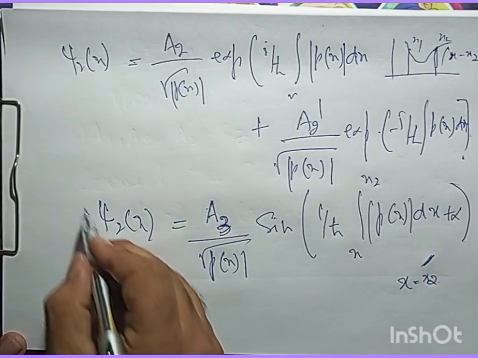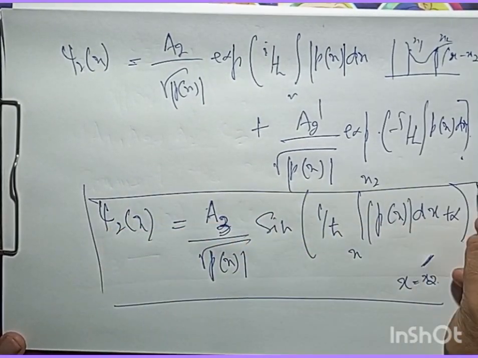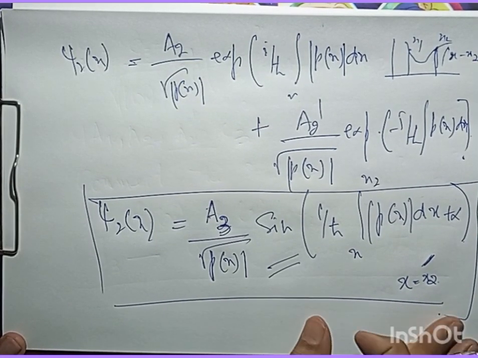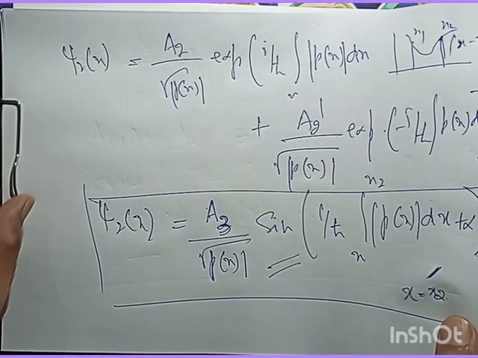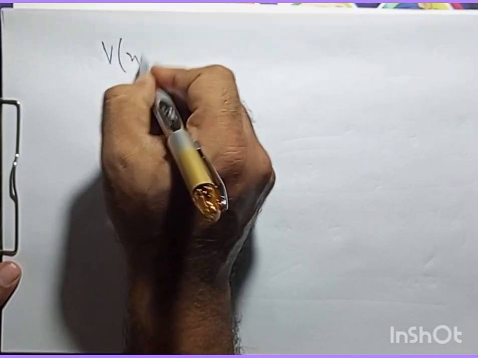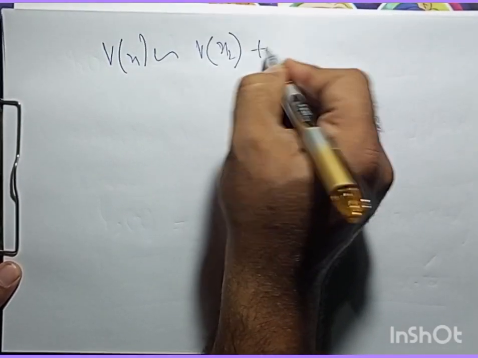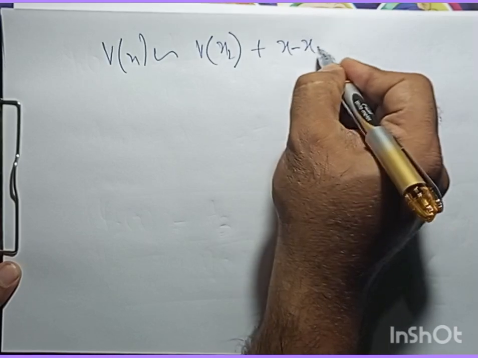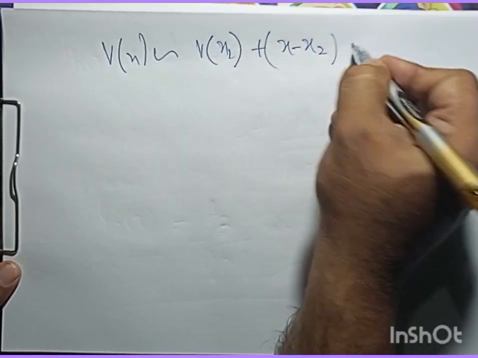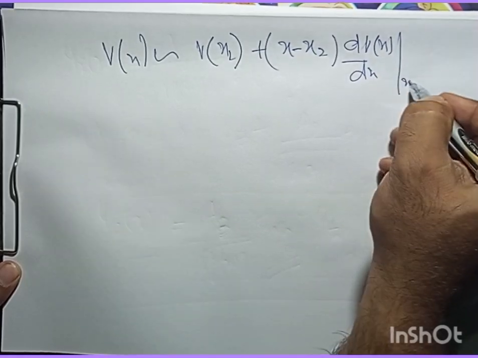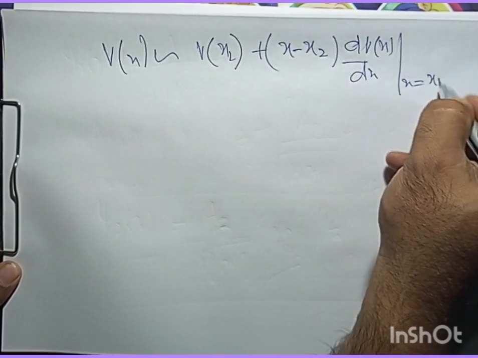So we are here. This is our classically allowed region, which is oscillatory in terms of sine, and we can think of expanding this v of x nearly as v of x2, then x minus x2 times dv of x by dx at x equals x2.